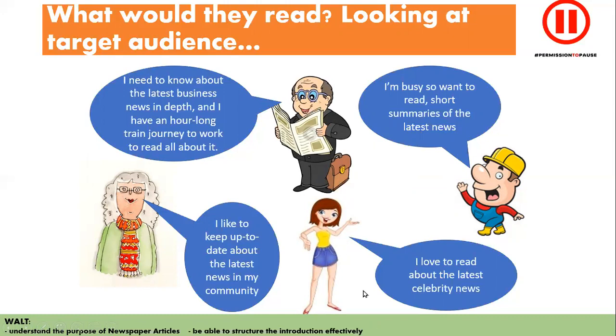This girl here says, I love to read about the latest celebrity news. And this lady here says, I like to keep up to date with the latest news in my community. So pause the video now and decide who reads the broadsheet, who reads the tabloid, who reads the local news.